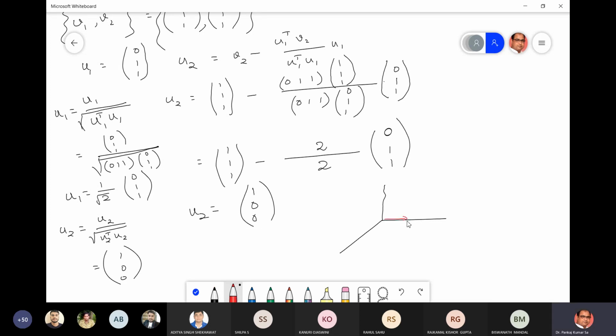So this is one vector, this is u2, and the second vector u1. u1 is 0, 1, 1, somewhere here.